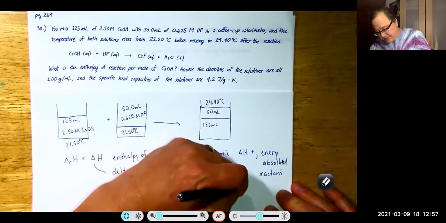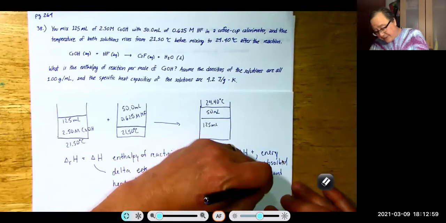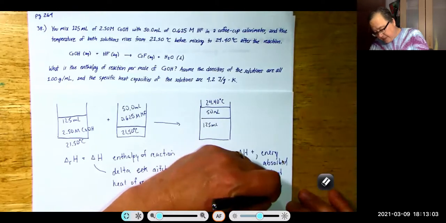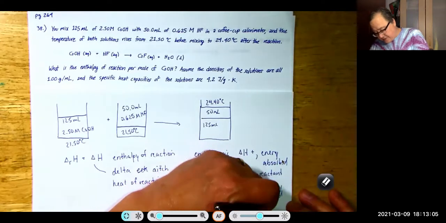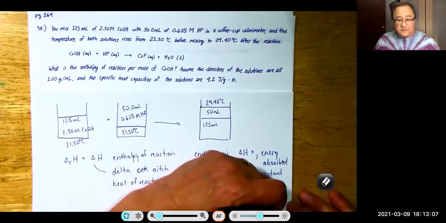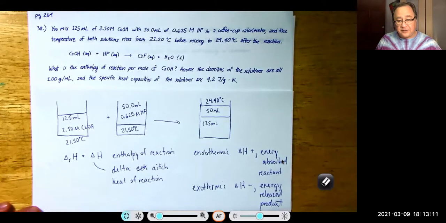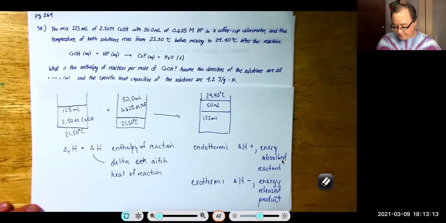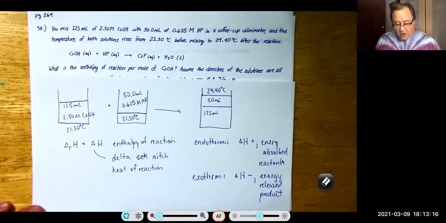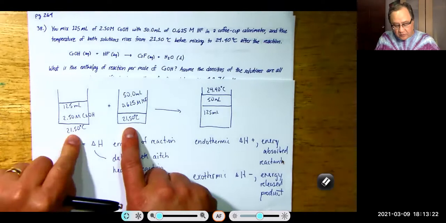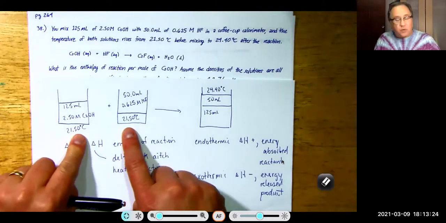Delta H is negative, energy is released, and the energy is a product. I'm going to move the paper a little bit to make sure that you can see all of that. Now, I'm going to say that energy is released because the temperature rises in both cases from 21.50 to 24.40.